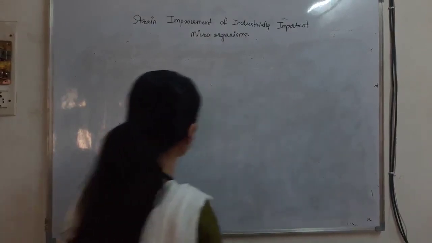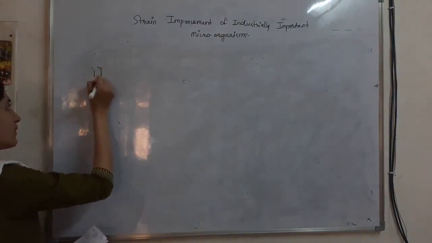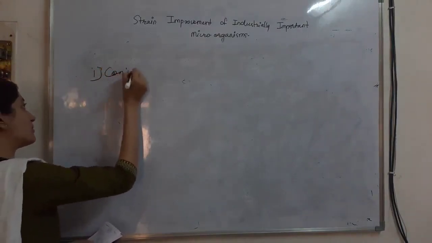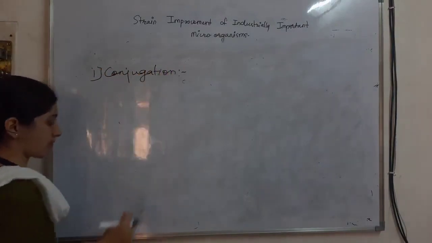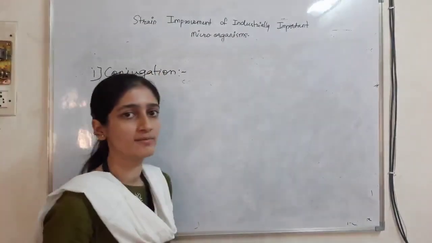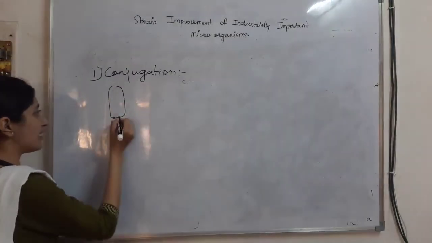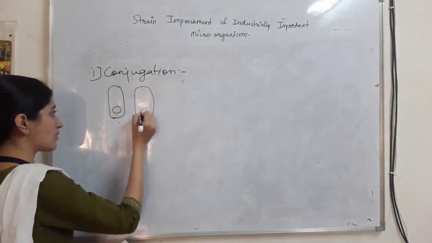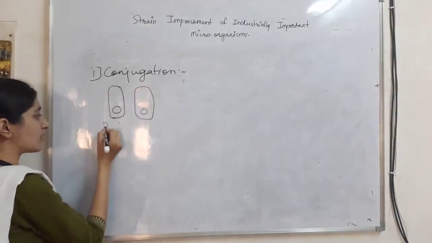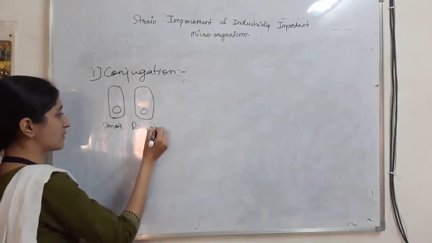Firstly we are going to see genetic recombination by conjugation. In conjugation, when two bacteria come together, suppose this is a donor cell and this is a recipient cell.